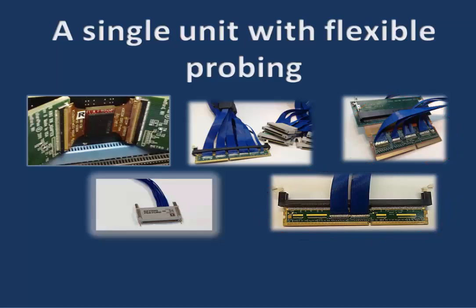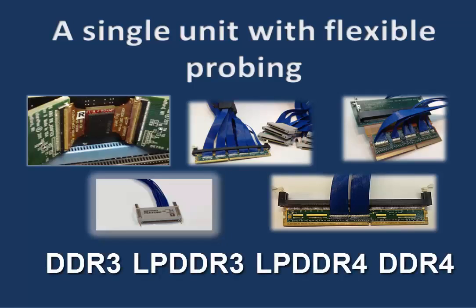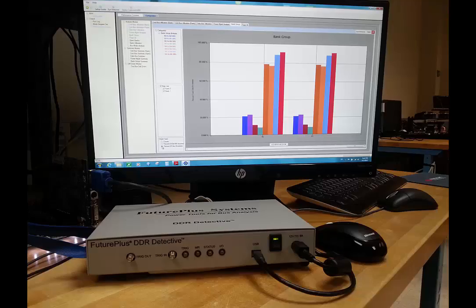There is also the capability to provide a simultaneous connection from any DIMM or SODIMM socket to a Keysight logic analyzer. All these probing methods can be used for DDR3, LPDDR3, LPDDR4, and DDR4. So let's see the DDR detective in action on a DDR4 target.